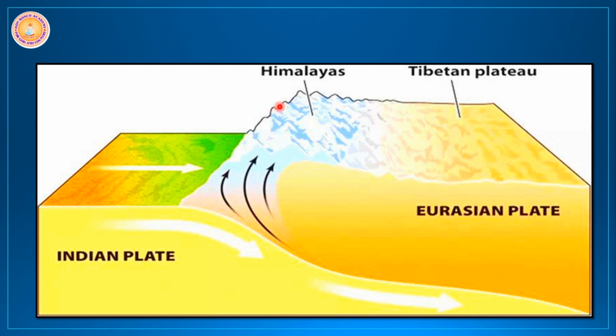When the two huge continental plates collided, the edge of the Indian plate was forced to go under the Eurasian plate. You can see over here how the Indian plate is made to go below the Eurasian plate. This led to the formation of the Great Himalayas.